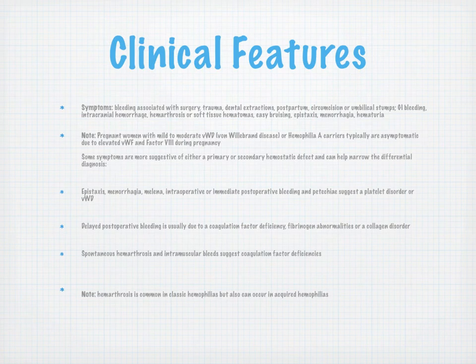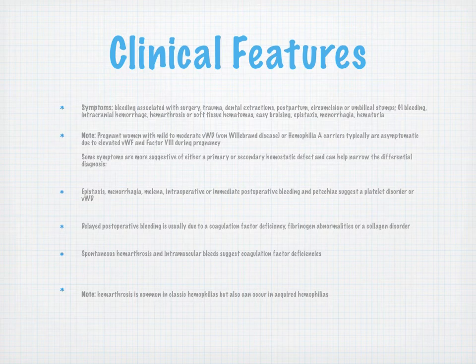Clinical features, this is the smallest font in the entire world. Clinical features: bleeding associated with surgery, trauma, dental extractions, postpartum. You can see all the different things that can be clinical features of the bleeding disorders. And note that pregnant women with mild to moderate von Willebrand's or hemophilia A are typically asymptomatic due to the elevated von Willebrand factor during pregnancy.